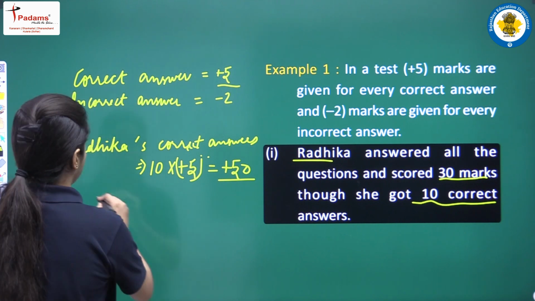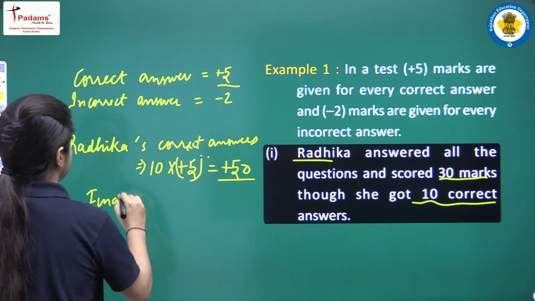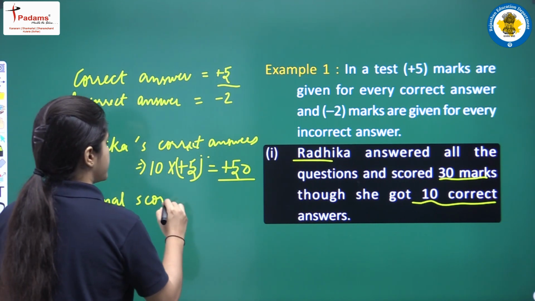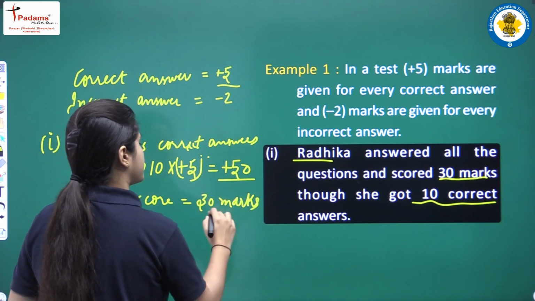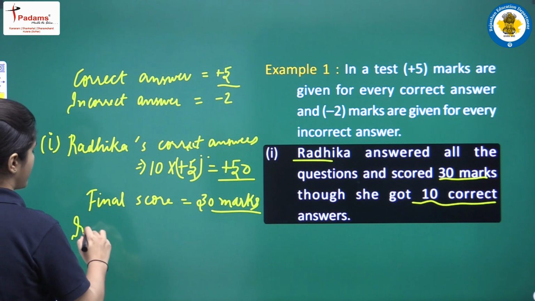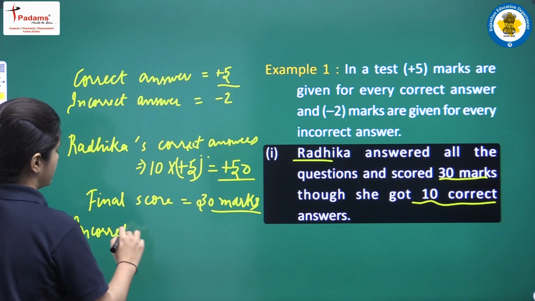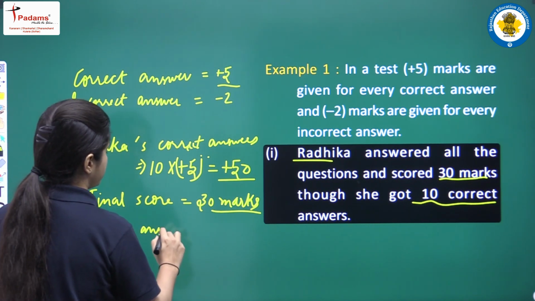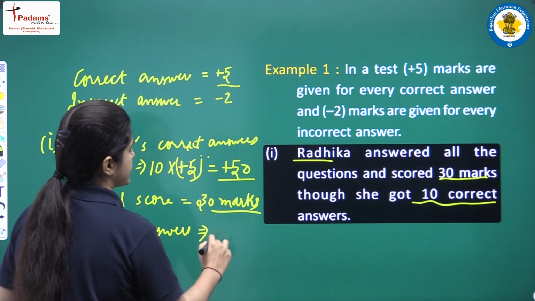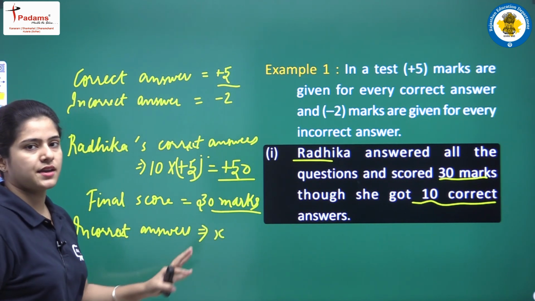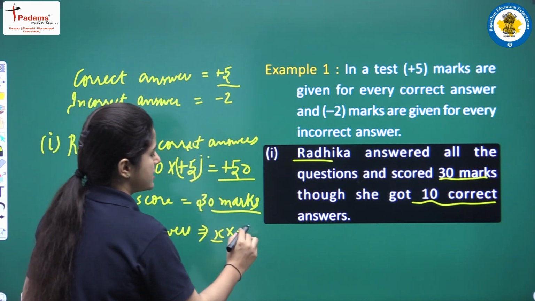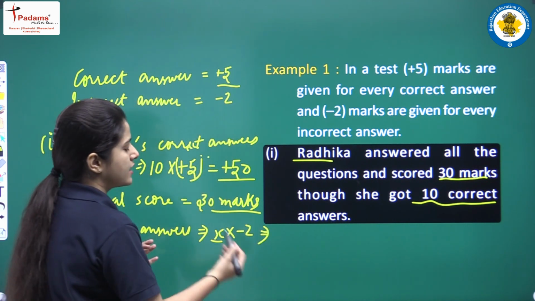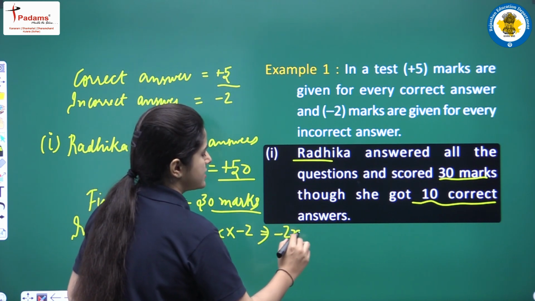So basically, final score of Radhika is equals to 30 marks. Incorrect answers of Radhika: if suppose she has attempted any x incorrect answers, and for every incorrect answer she will be getting minus 2 marks, then her incorrect answer score is equal to minus 2x.